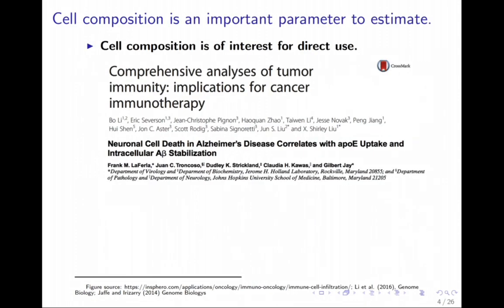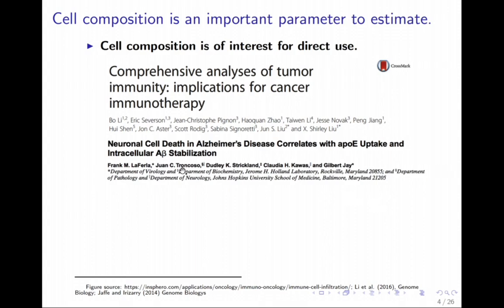So why is cell composition an important parameter to estimate? At least two major reasons here. There could be more. The first reason is that cell composition is of interest for direct use. Many studies found that the composition of immune cell types is a strong predictor for the treatment response of patients who received cancer immunotherapy.